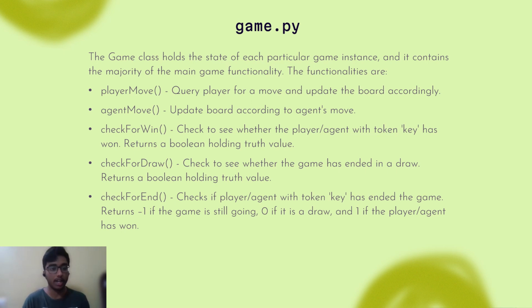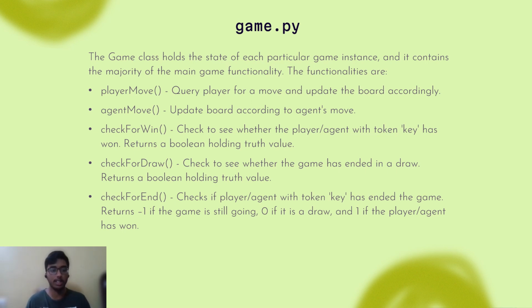Next is check for end. This function checks if the game is still going on, or if it is a draw, or if any of the player or agent has won. What this takes as input is a key, that is x or 0.